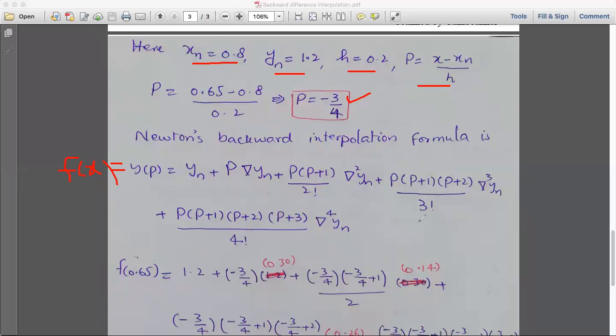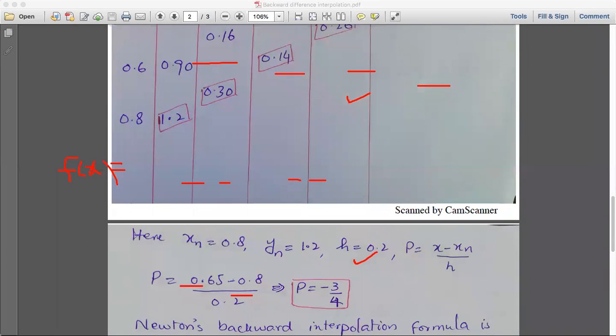Okay, now put all the values. अभी हमने देखा yn की वैल्यू 1.2 है, ठीक है. p is equal to -3/4 as it is. इन्वर्टेड डेल्टा yn टेबल में था 0.3, वो हमने पुट कर दिया. देन p into p plus 1 you can see it here divided by 2 factorial is equal to 2 आ जाएगा हमारे पास. एंड इन्वर्टेड डेल्टा स्क्वायर yn हमारे पास जो टेबल में वैल्यू है उसकी, we can see it, that is equal to 0.14. वो हम पुट करेंगे इसमें.